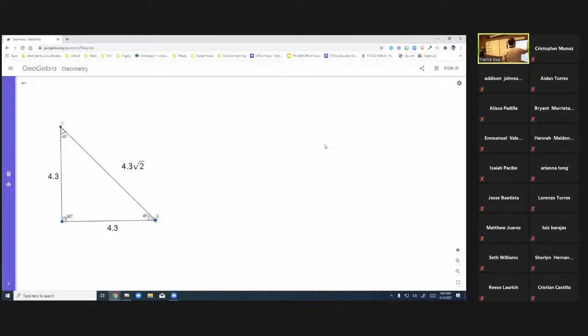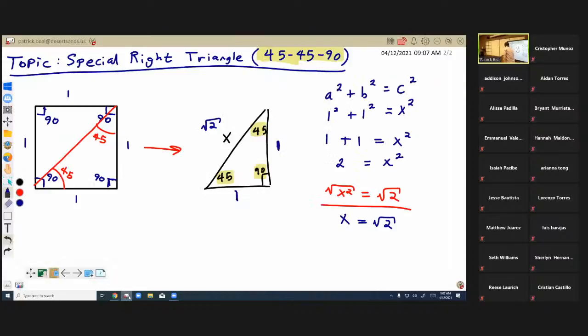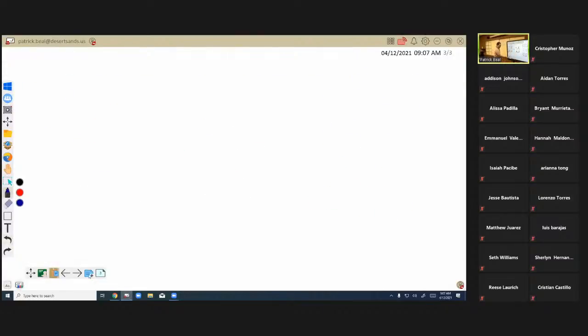Let me switch back over to here. So if I were to draw in a few of these, for example, we had 2, 2, this would be 2 square root of 2. And if this was 5, then this would be 5, and this would be 5 square root of 2.